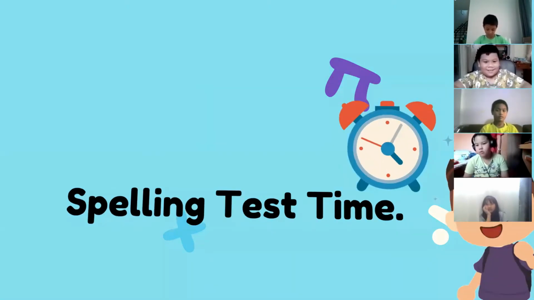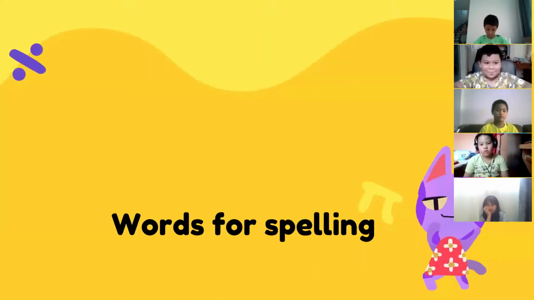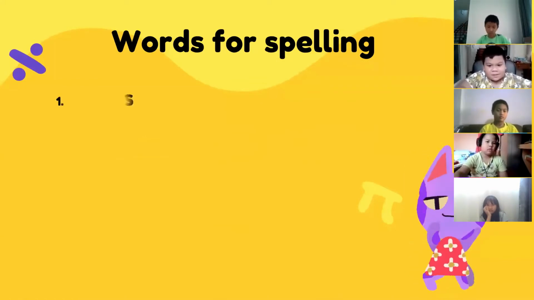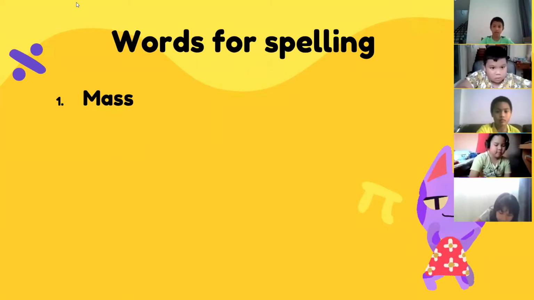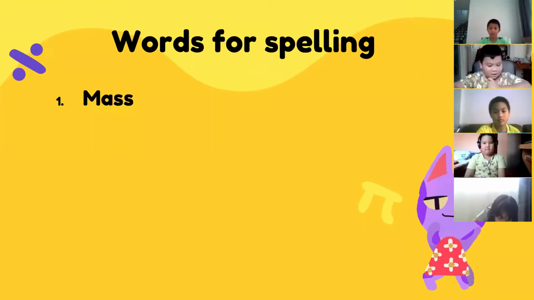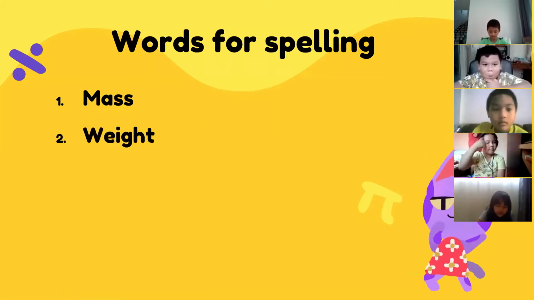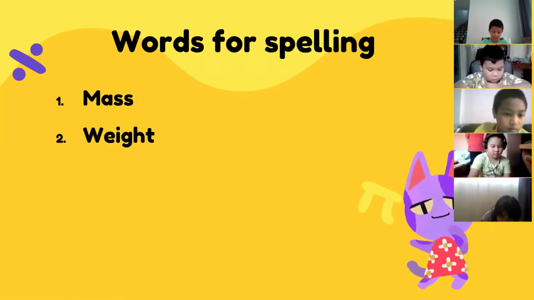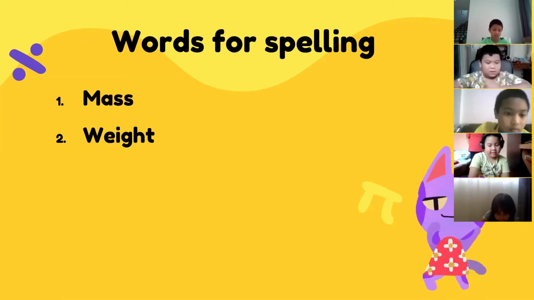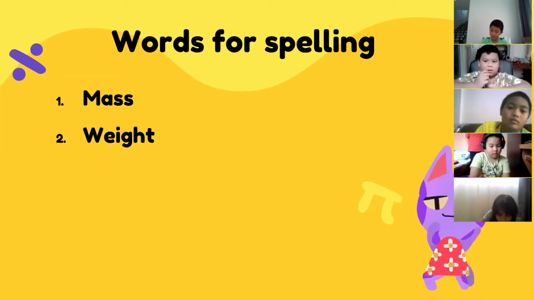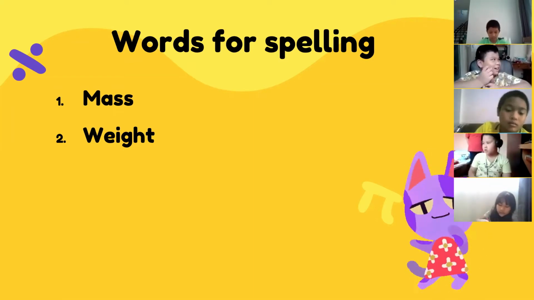Done. Number 1 is mass. It spells M-A-S-S. Mass. Number 2, weight. Weight spells W-E-I-G-H-T.